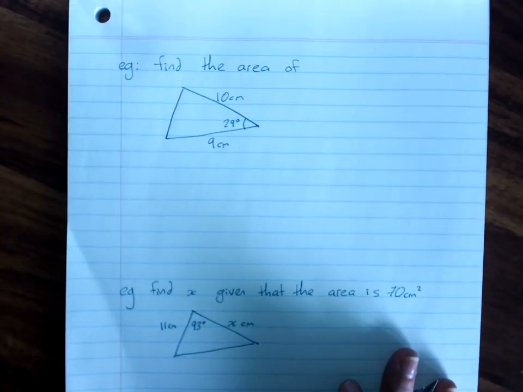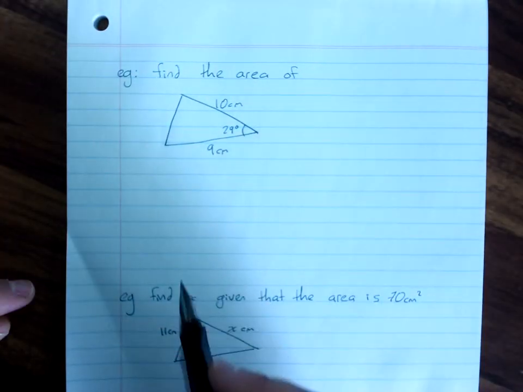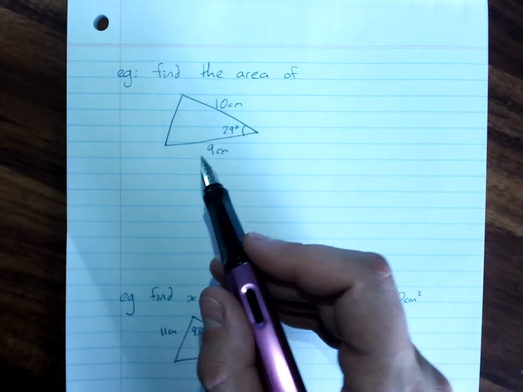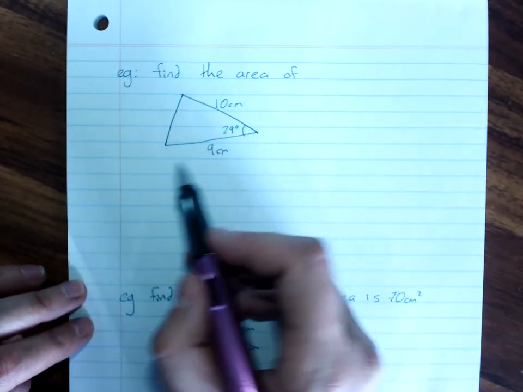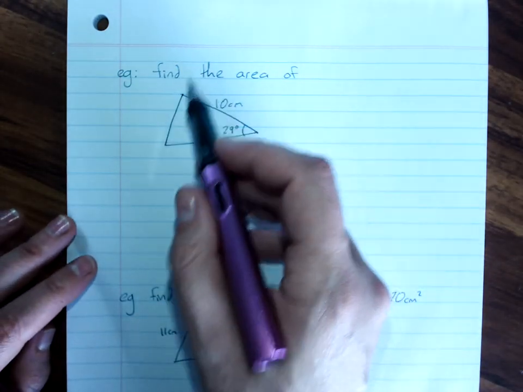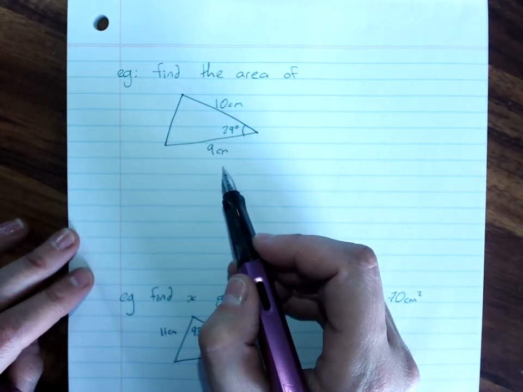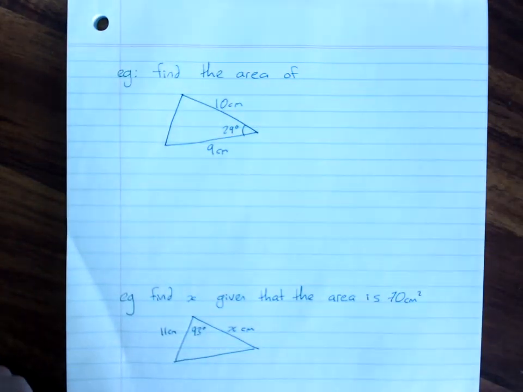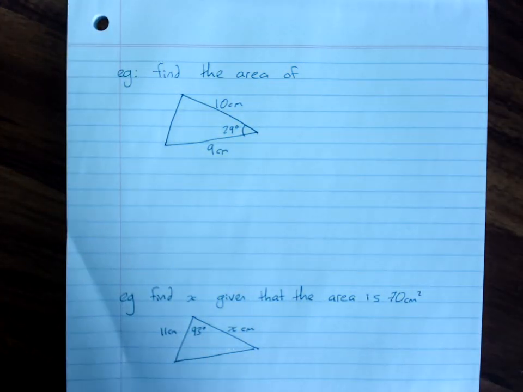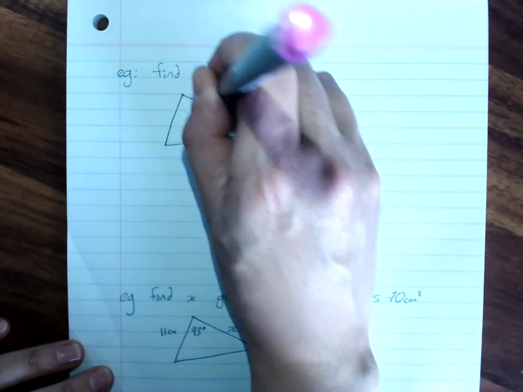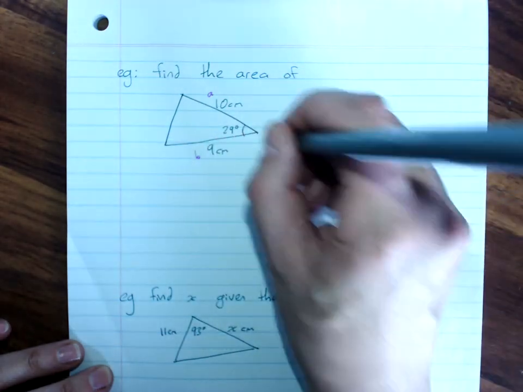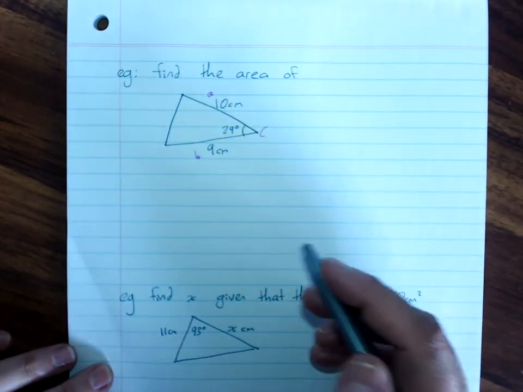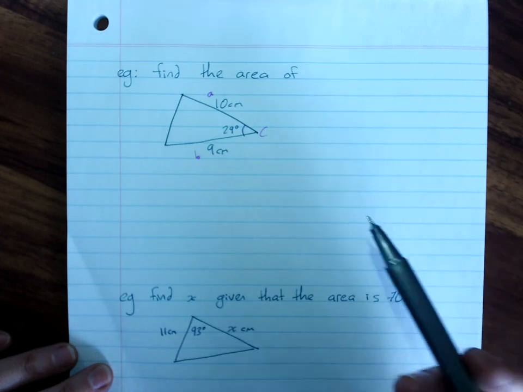So two types of questions that we might get. We might just have to find the area. You might be at the stage where you can get away with not labeling a triangle that's as simple as this, because you know you need two sides and the included angle. But if you are at all likely to mess up in any way, make the two sides A and B, make the angle C, if you can get away with it, of course.